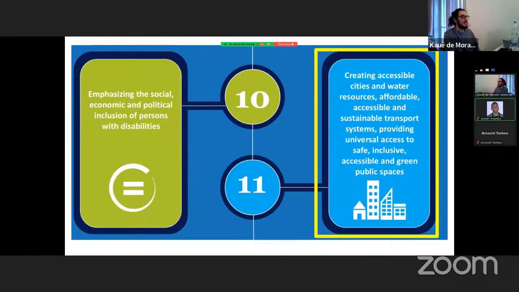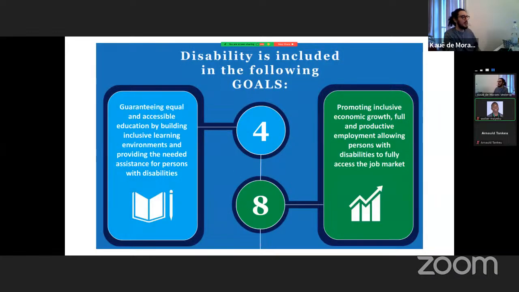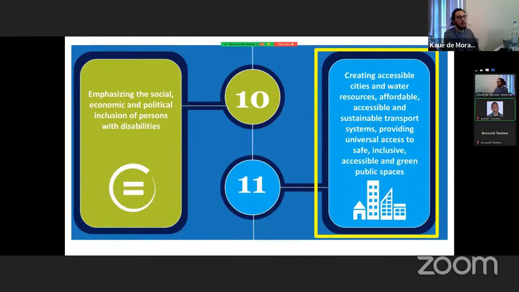Number 10, reduce inequalities, we can't achieve it without obviously including people with disabilities and everyone.